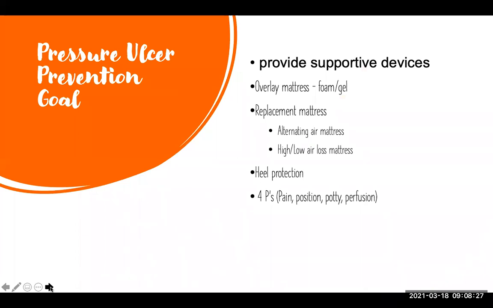So the mattress overlays, there are foam, gel, and air mattress overlays that you'll see used in the hospital for those who are at risk for tissue integrity issues. Replacement mattresses. So there are special mattresses like the alternating air mattress, high, low air loss mattress. And then we have heel protectors that you've probably seen also already in use.